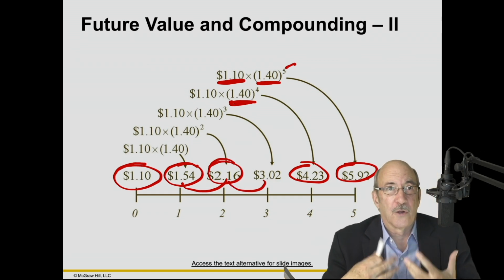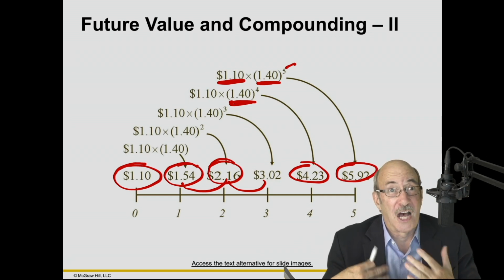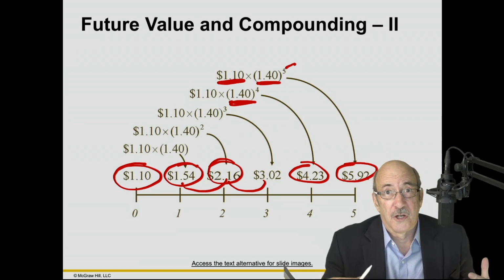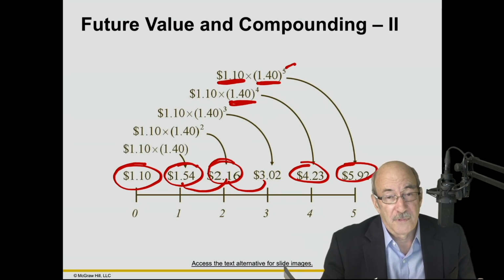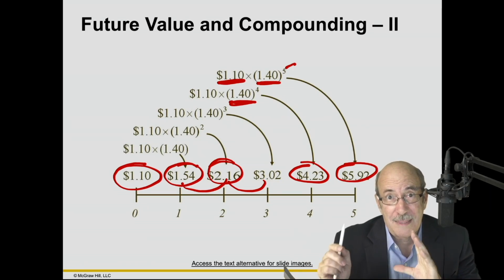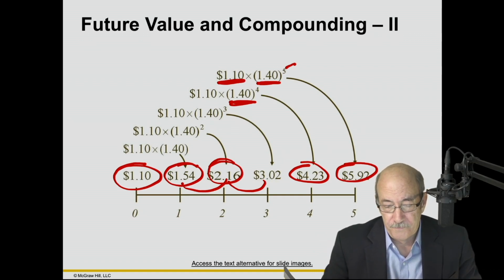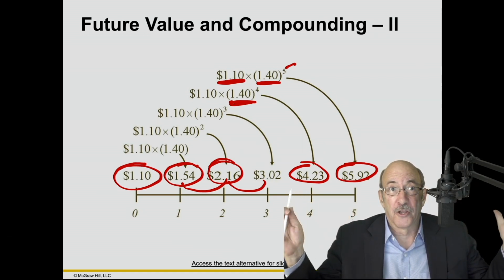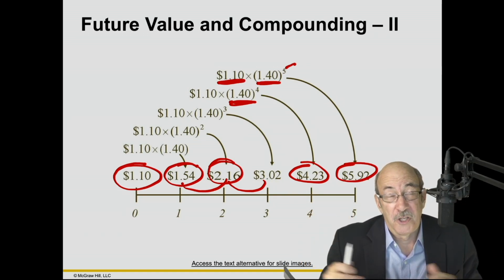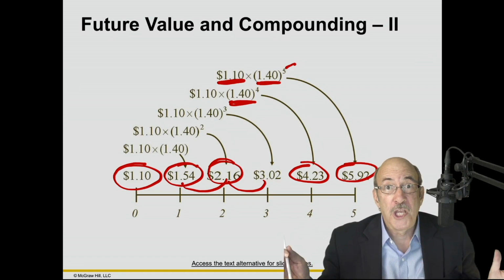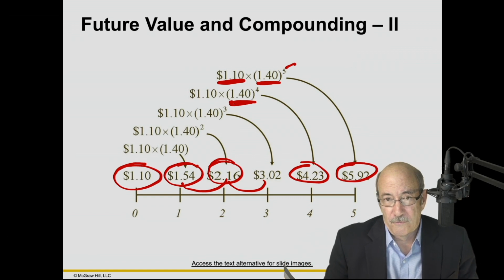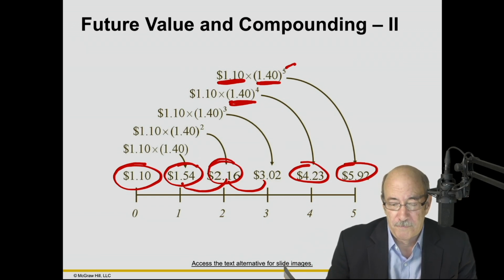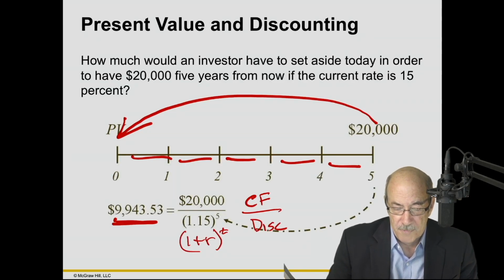So that incremental increase in terms of dollar amounts becomes larger and larger and larger. It's still 40%, but it's 40% of a higher base each time. That's compounding. That is really valuable, especially if you have a very long time frame. Think about retirement. You've got 35, 40 years to do that compounding. That's really powerful.